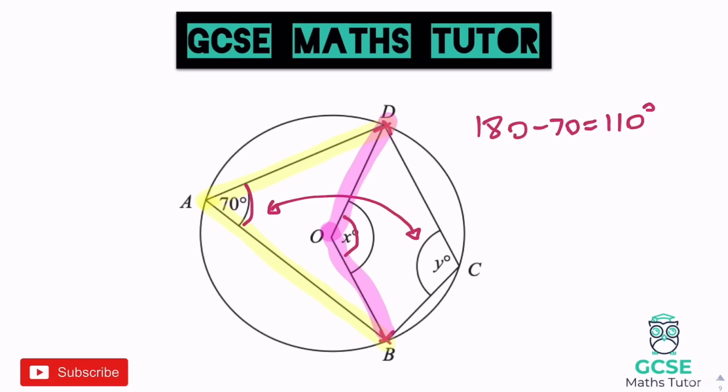So to work out angle x, and this first one we did was y, to work out angle x we would just do 70 times 2, double it, and that would give us 140 degrees. And again, that would be accompanied by the reason angles at the centre are double angles at the circumference when they're made from the same arc. So our two answers here are 110 degrees and 140.